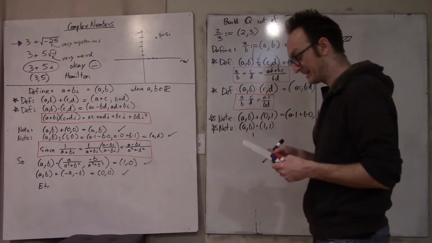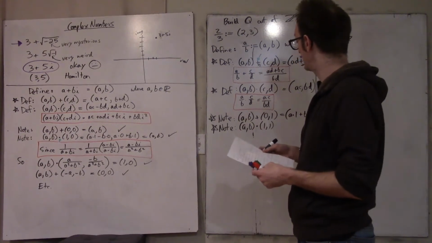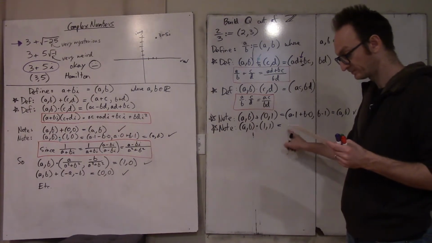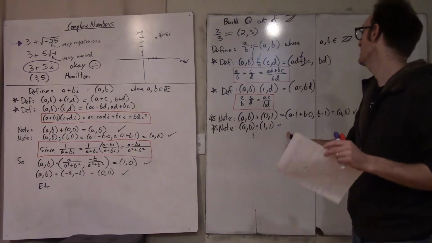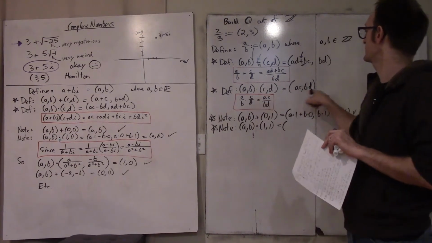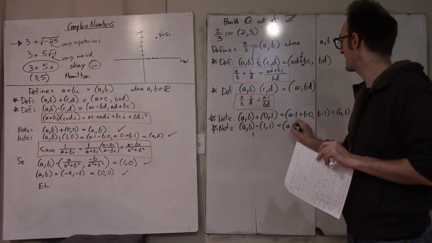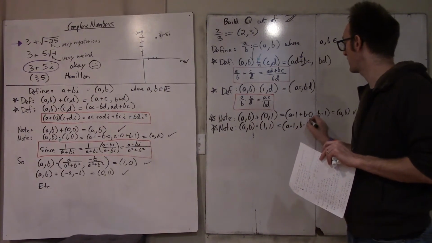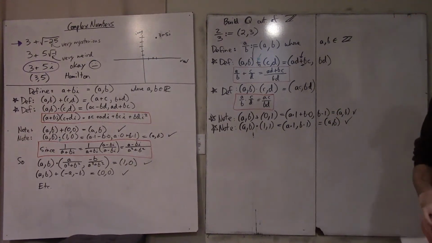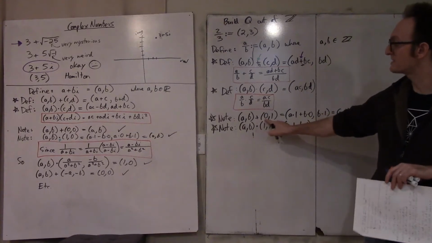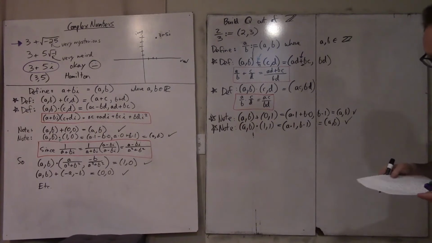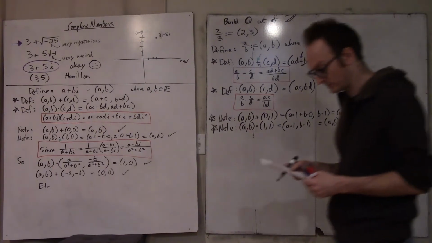Yikes. What happens if I just follow the rule for multiplication? This one's easy: I get (a times 1, b times 1), and this is (a, b). So you can't argue with me about this. I really did find an additive identity element, and I really did find a multiplicative identity element, because it leaves things unchanged. And now I want to show that every number has an inverse.